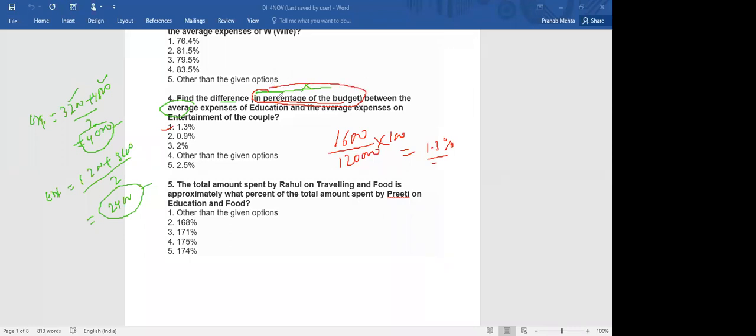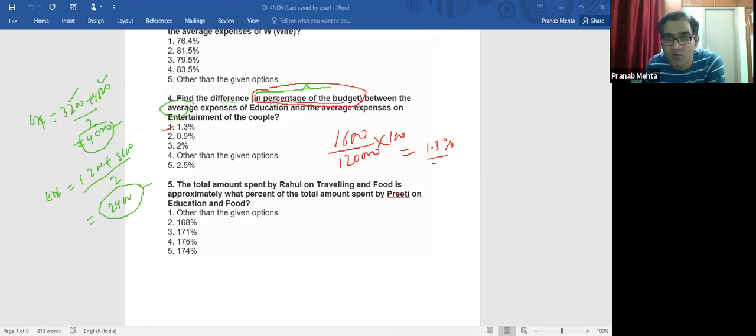So first forget about this, do everything, and then read once again: in percentage of the budget, we want to find this expense in percentage terms of the total budget. The total budget is 1,20,000. Out of this, 1,600 into 100 gives 1.3%. All right.